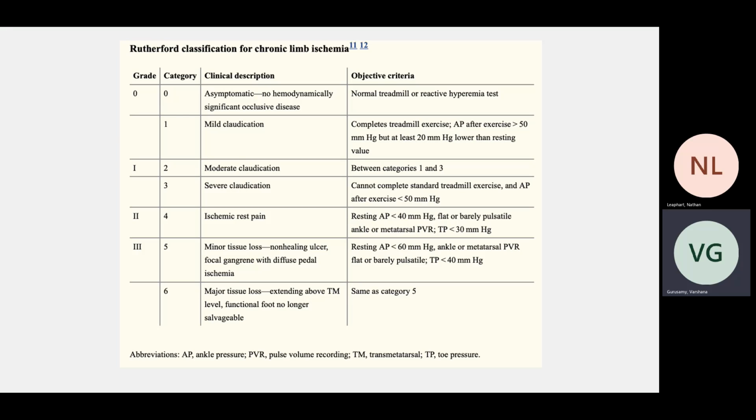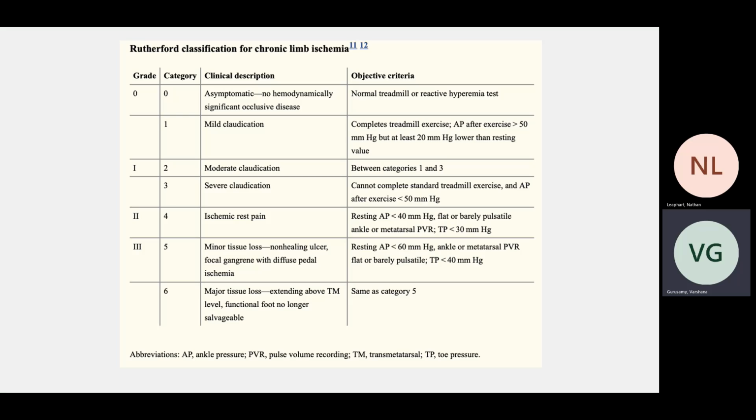So when I see a patient in clinic, or if I see a consult, and you're going to present this patient to me, you'd say this is a Rutherford 3, critical limb ischemia patient on the basis of whatever. And so here there's grading, and we talk about the categories here. So it's very similar to Fontaine. 0 is asymptomatic, then you have mild, moderate, and severe claudication.